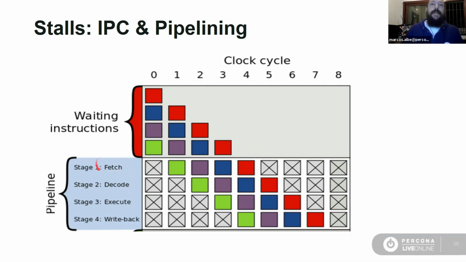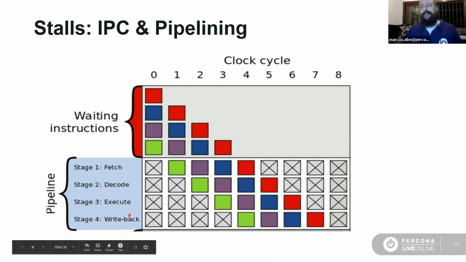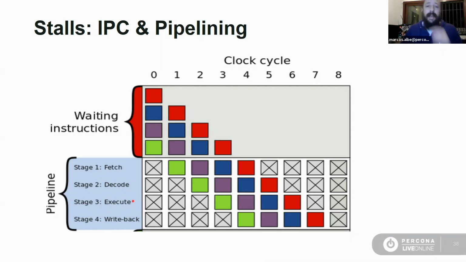So you load your program, your binary, to memory, which is full of instructions, and then you have to fetch those and put them into memory for the CPU to decode and execute them. So this is the front end, this is the back end. When we have stalls, it is because one of these cannot fetch memory fast enough.